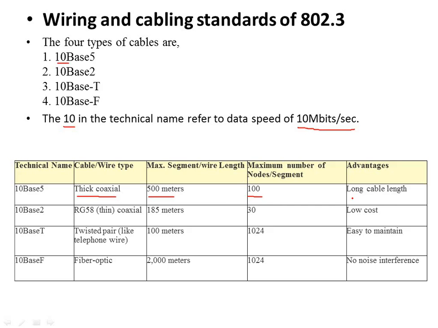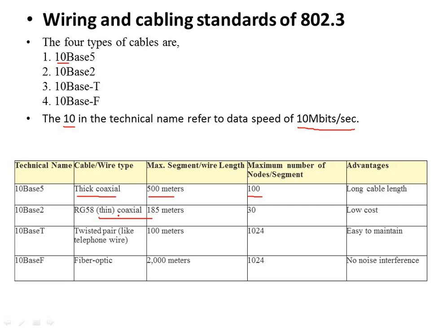Then 10 base 2 uses a thin coaxial cable. Coaxial cables are of thick and thin types. The thin coaxial cable is known as the RG58 type of cable. You might see nowadays in your home or for CCTV, if a coaxial cable is utilized, this RG58 type of coaxial cable is used.